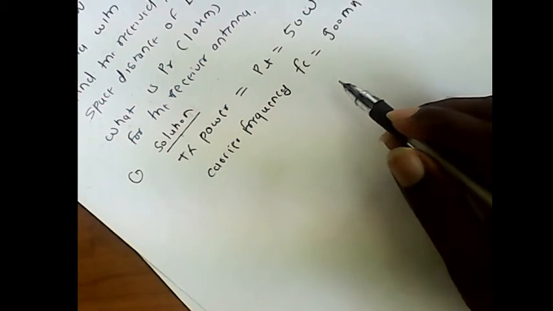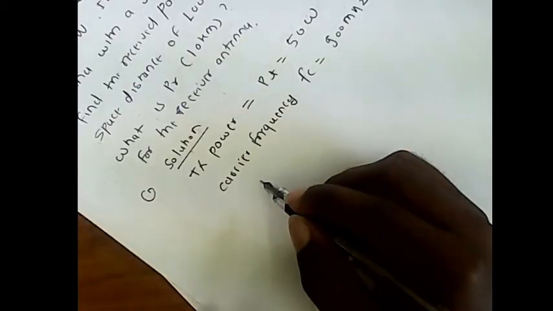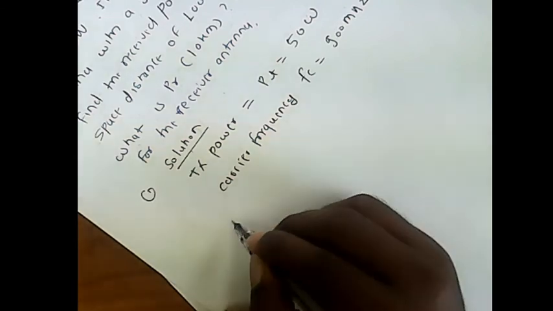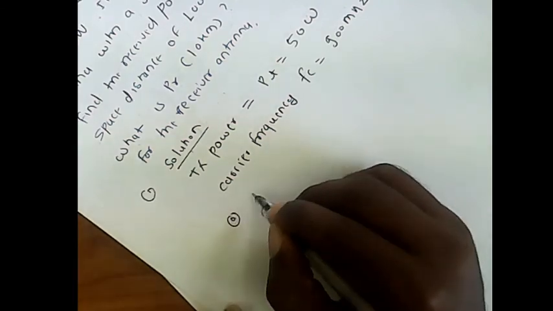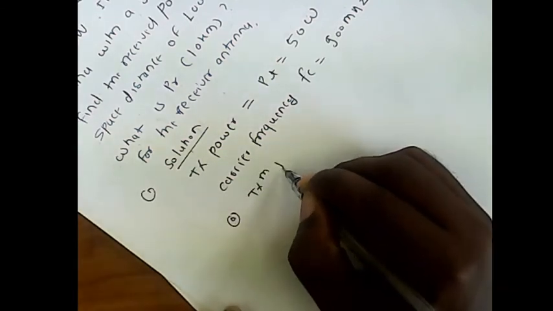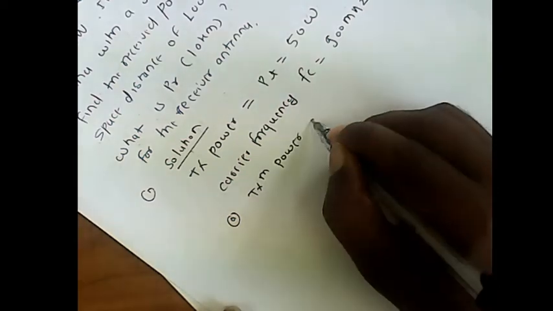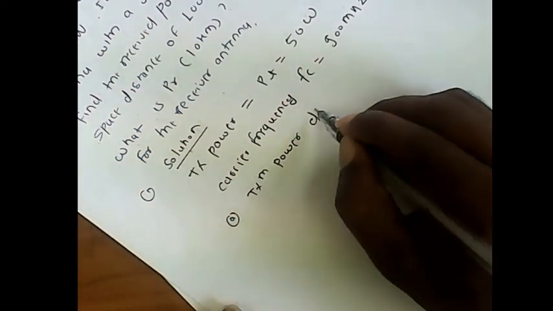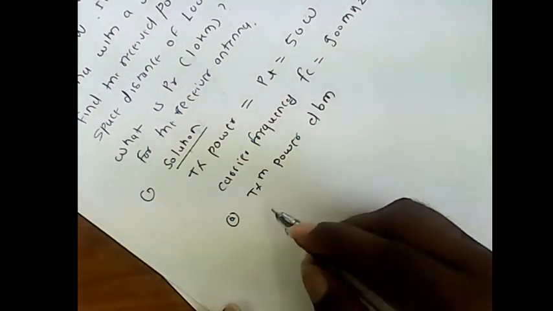So by using these equations, we can write down the transmitted power first, the transmitted power in dBm.